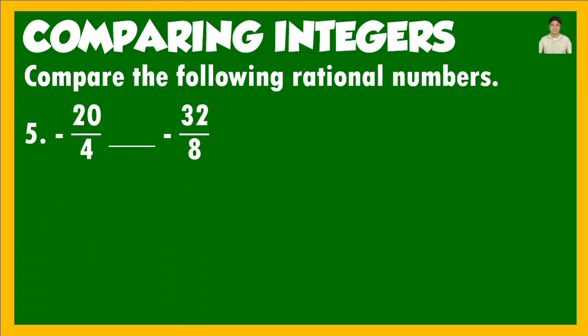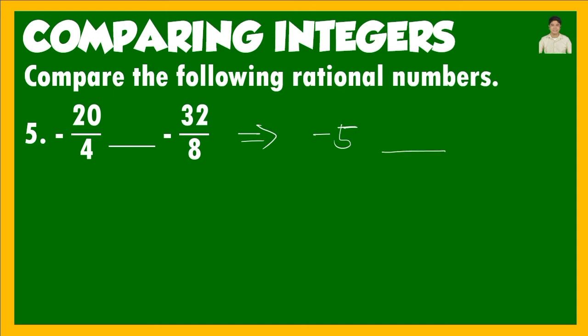Number 5. Negative 20/4 and then negative 32/8. Okay. So, transform natin yung mga given natin into mixed numbers. Negative 20 divided by 4. That is negative 5. So, ayan, whole number. Negative whole number siya.